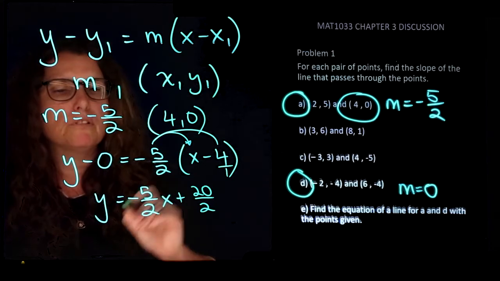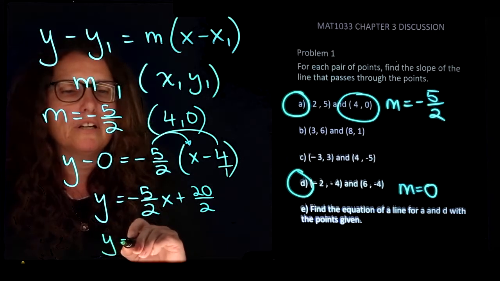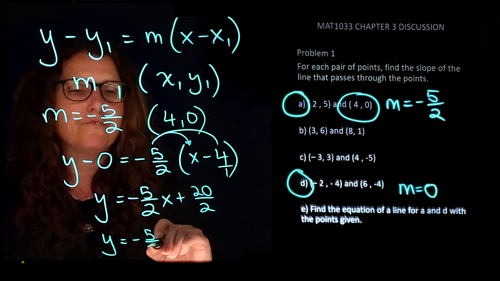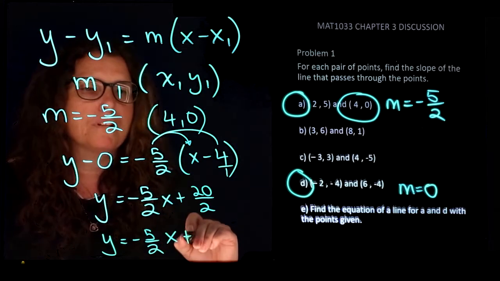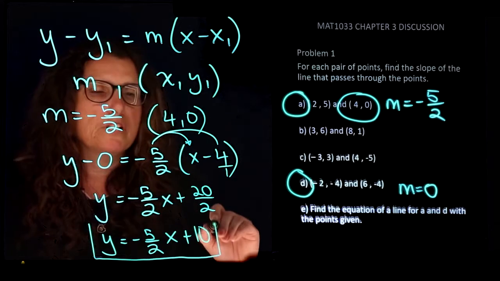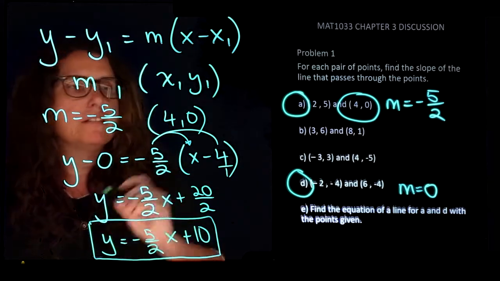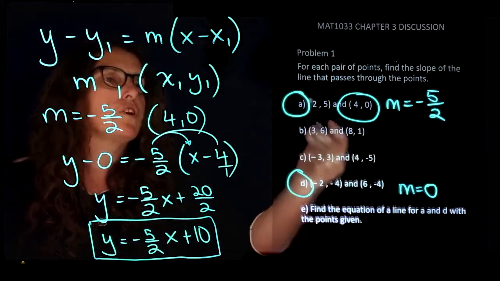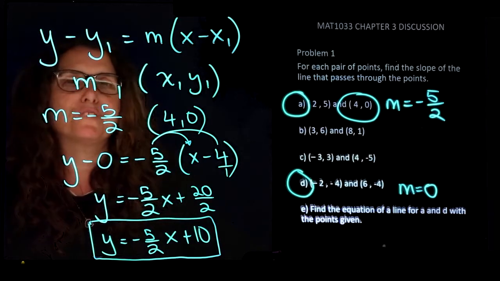Now let me just simplify this 20/2. y equals -5/2 x plus 10. That would be the equation of the line including the points for A, (2, 5) and (4, 0).